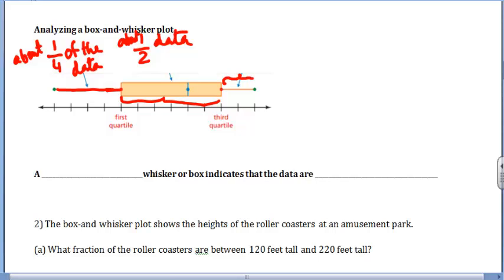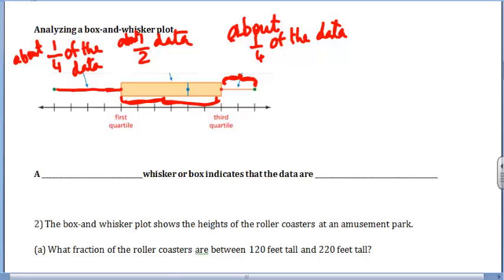And then this last whisker accounts for about 1/4 of the data again. So when you have a given data set, then 1/4 of them are within the first whisker, about half of them within the box, and then about 1/4 of them in the other whisker again.